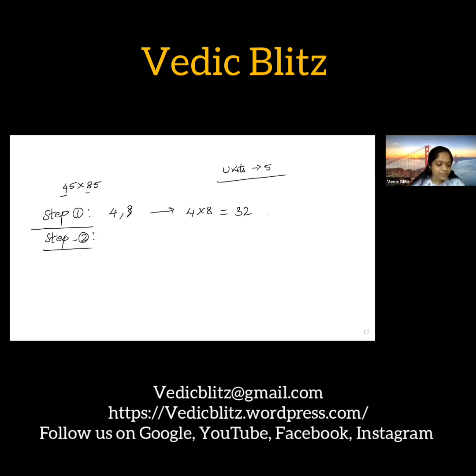What is the average of 4 and 8? 4 plus 8 by 2. That will be 6. Now, step 3 will be addition of 32 and 6, 38.